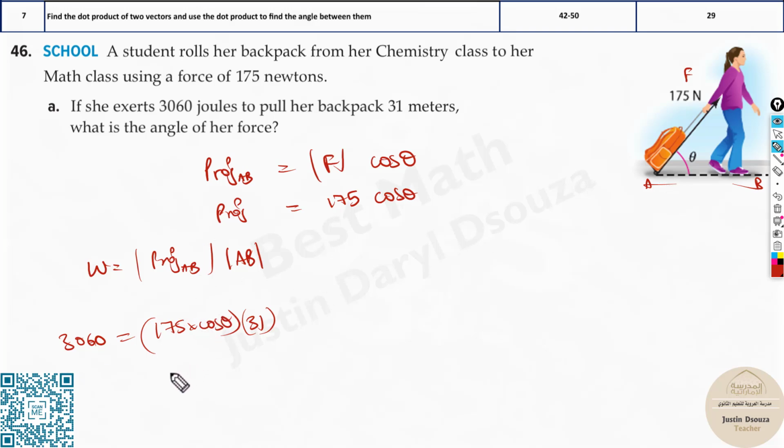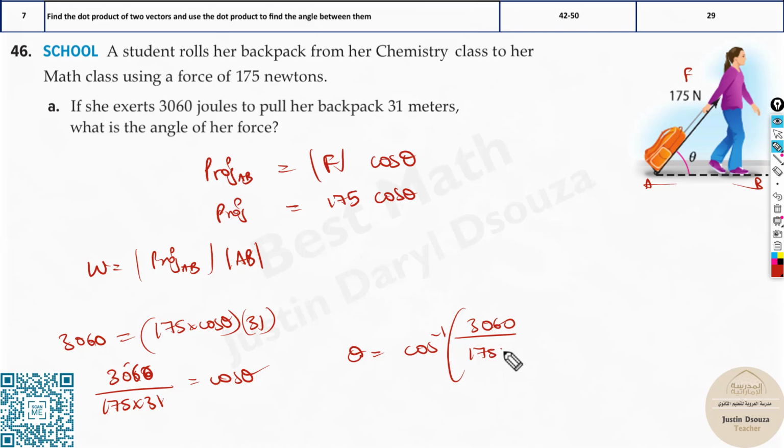So 3060 divided by 175 multiplied by 31 is equal to cos theta, or theta will be equal to cos inverse of 3060 divided by 175 times 31. This would be the final answer.